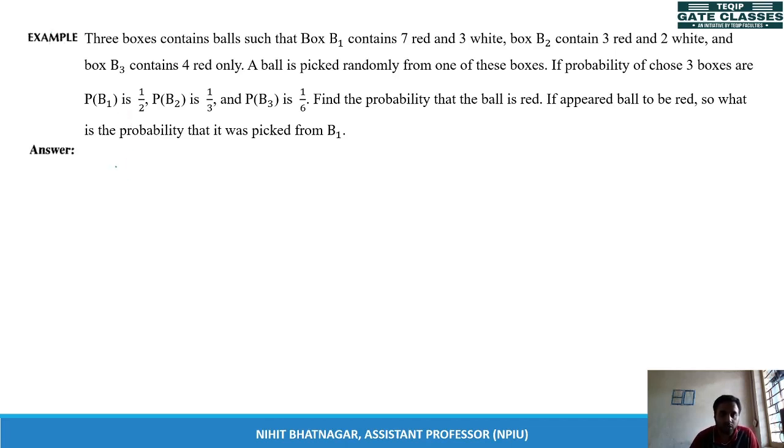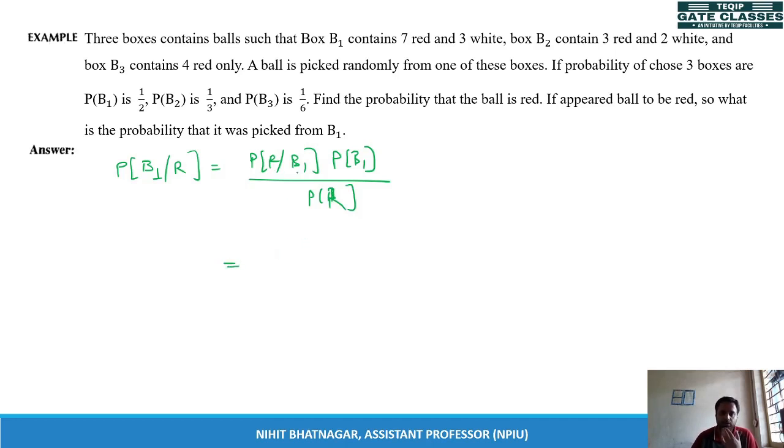So if you want to find the probability of selection of box B1, if a red ball was drawn, it is equal to the probability of getting a red ball from box B1 into P(B1) upon the probability of a red ball. We found this value in the previous section. The probability of getting a red ball from B1 is 7 by 10, because there are 7 red balls and total balls are 10, and the probability of selecting box B1 is 1 by 2.